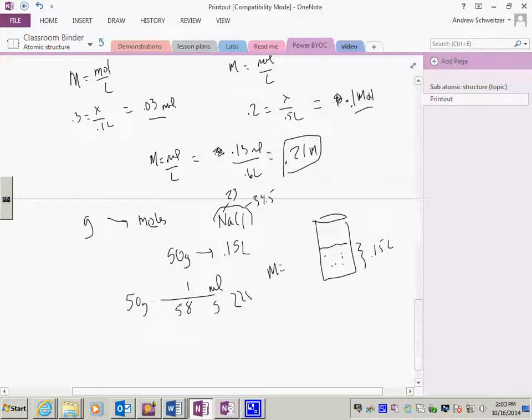So I have less than 1 mole. 1 mole weighs 58, and I have less. 50 divided by 58 is 0.86 moles. So 0.86 moles of solid divided by 0.15 liters gives me approximately 5.7 moles per liter.